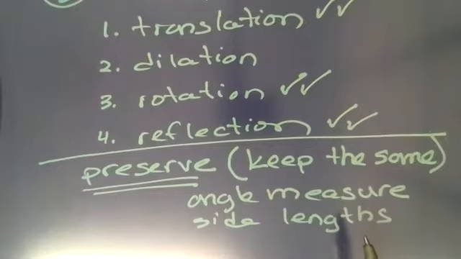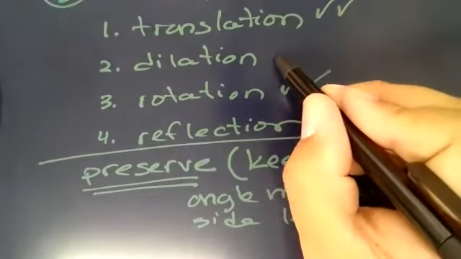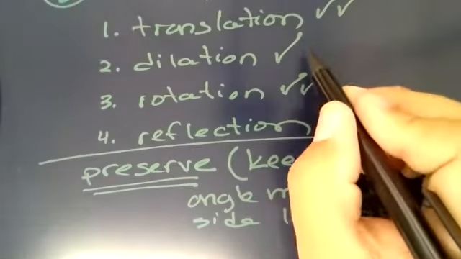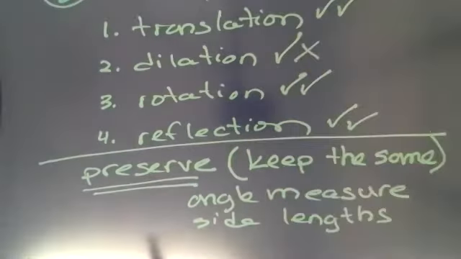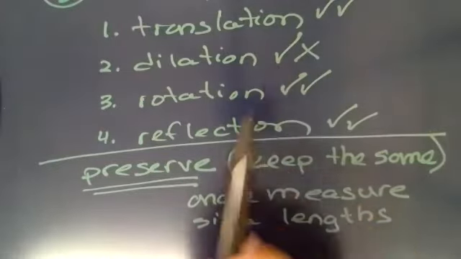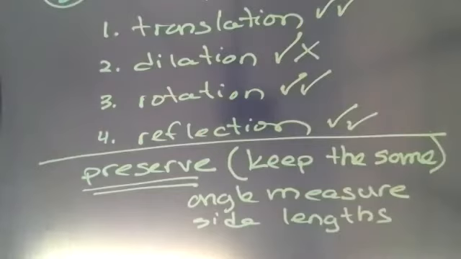Got you guys thinking, huh? Well, here it goes. Ready? A dilation does preserve angle measure, and I'm going to explain to you why. But the side lengths, no. It all depends if the dilation is going to be dilated by a scale factor of what?